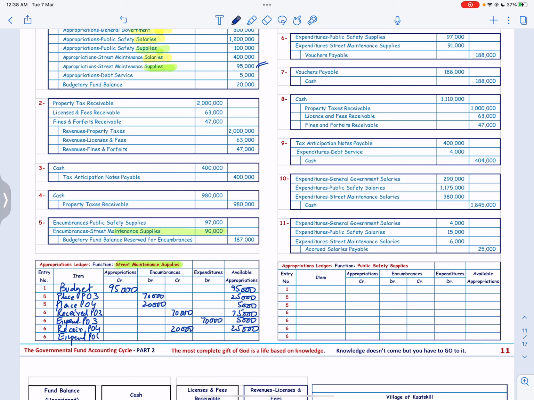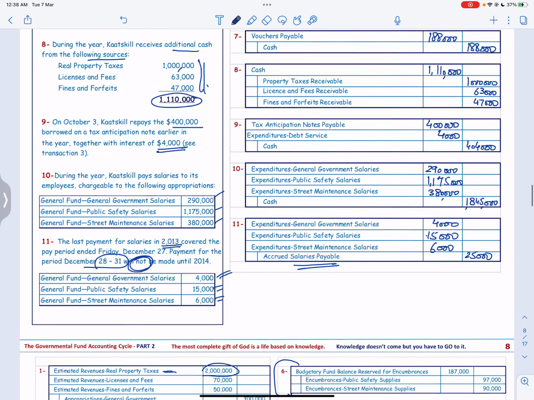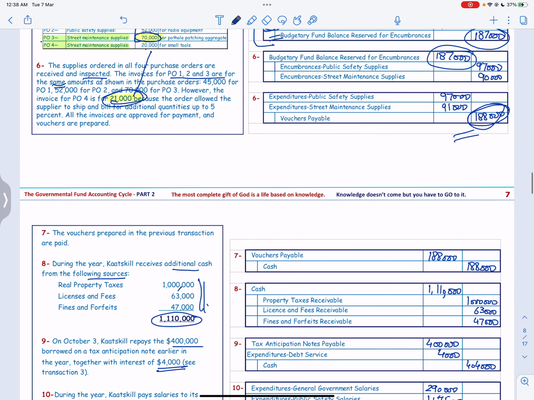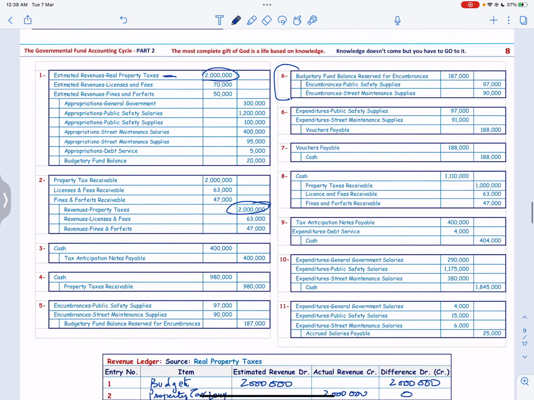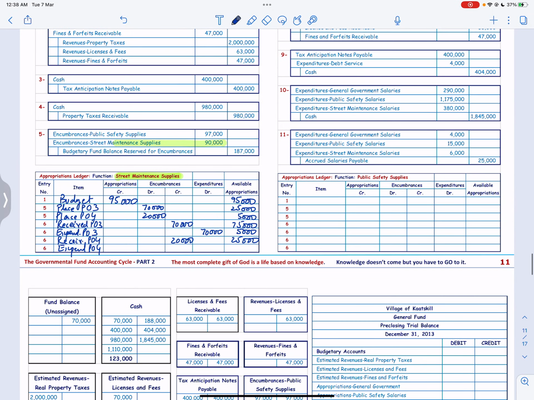Purchase order number 4, you can remember, was for 21,000. We have received 21,000, so the bill is for 21,000 and that is an approved amount, so we are going to debit expenditure by 21,000, so the balance is 4,000.